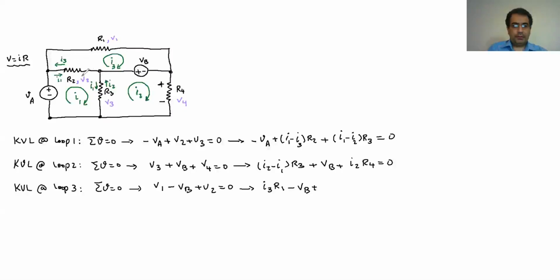I have to replace V2 with IR, and the R is R2. The magnitude of the I that goes through R2: I3 has the same direction as we rotate, so it's going to be I3 plus I3. And I1 is the opposite of the direction of what we rotate, so it's going to be negative or minus I1. And it's going to be 0.